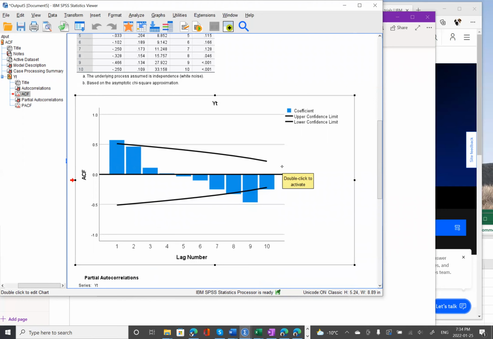From those autocorrelations, we can answer commonly asked questions. What are the commonly asked questions about the data? So we can answer those questions.